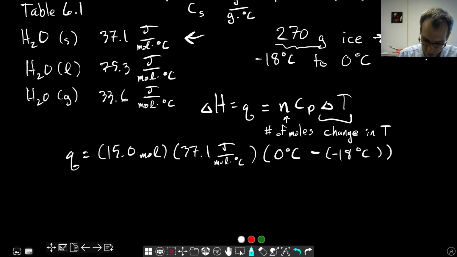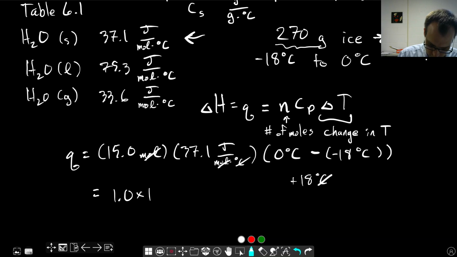So this will end up being a positive 18 degrees Celsius, and then we can plug this into a calculator. The other thing you can see is that the units all cancel here, and we should end up with joules, which is our unit of heat. If we plug all that in, we get 1.0 times 10 to the 4th joules, or we can write that in kilojoules as 10 kilojoules.